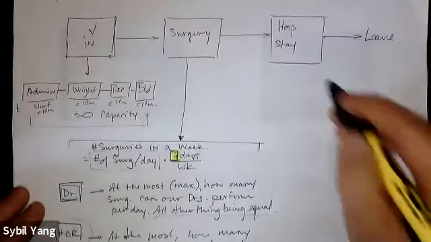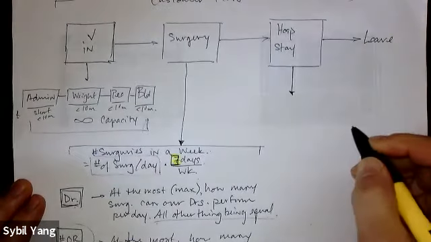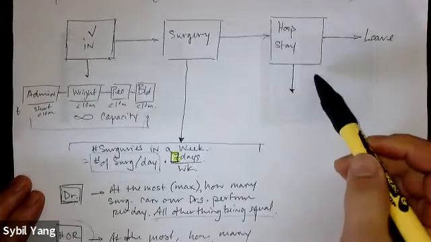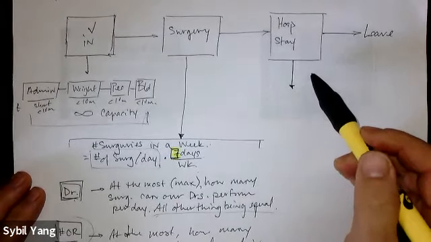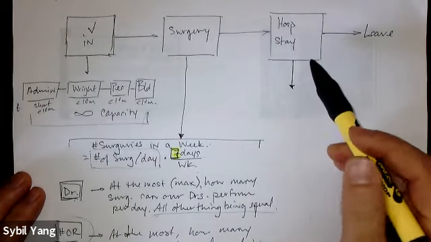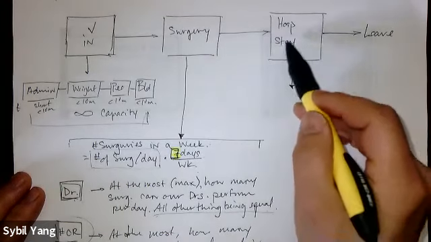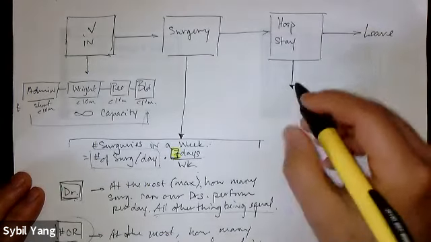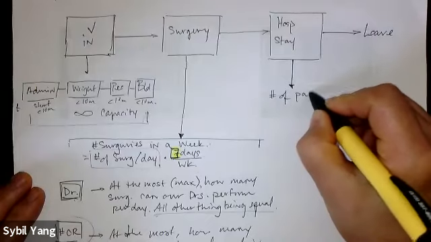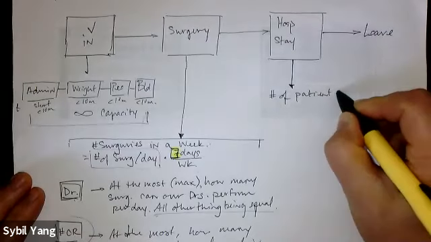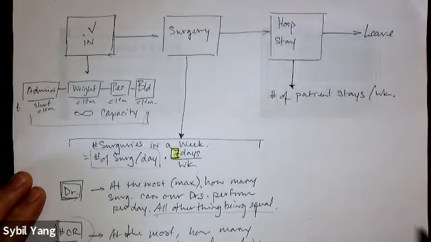Okay. And then similarly on the hospital stay side, since our patients are staying for more than one day, we can't think of the hospital stay in terms of a single day, like what happens within a day. It's easiest to think about hospital stays within a week. So number of patient stays per week.